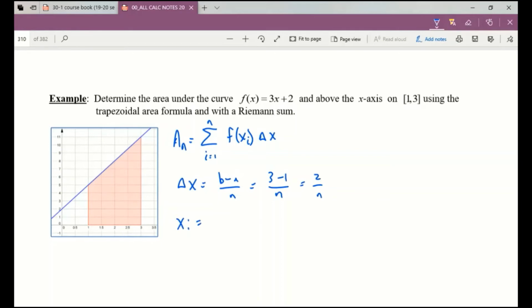The definition of x sub i is just a plus some number of changes in x. So a plus i times delta x. We've just found what delta x is, and we know that a is 1. So it ends up being 1 plus i times 2 over n, or 2i over n.